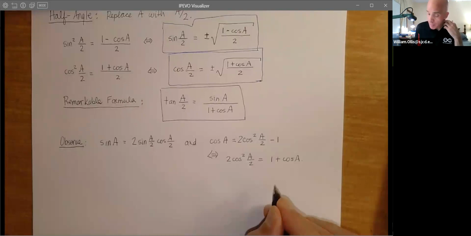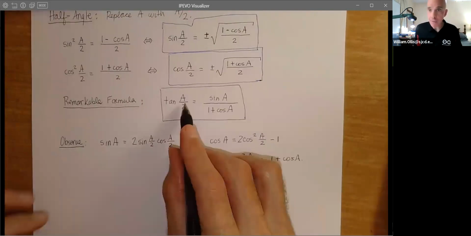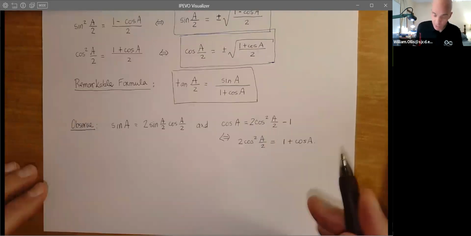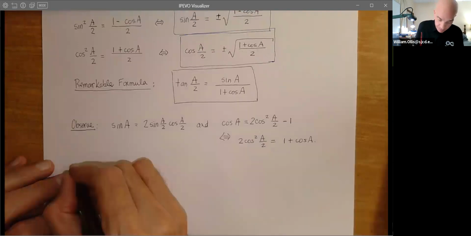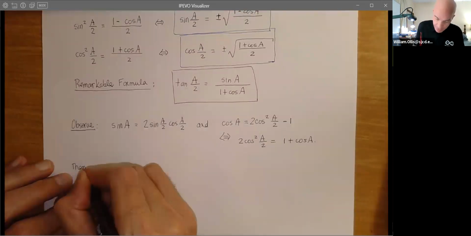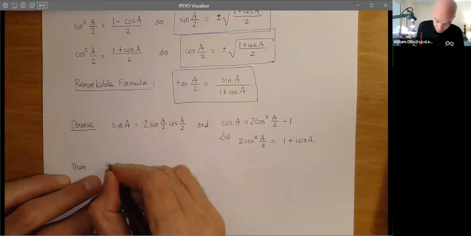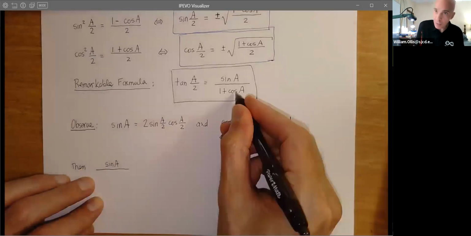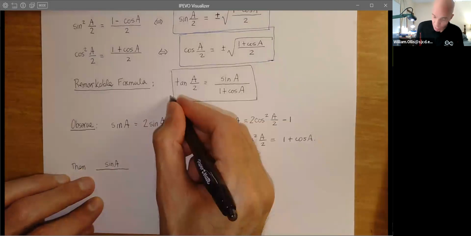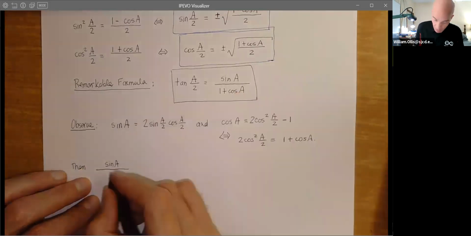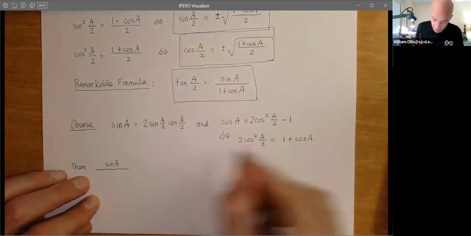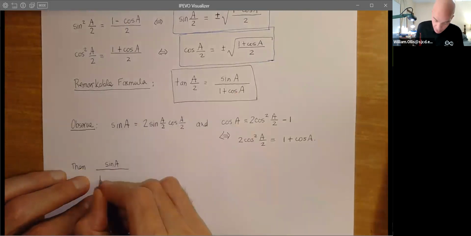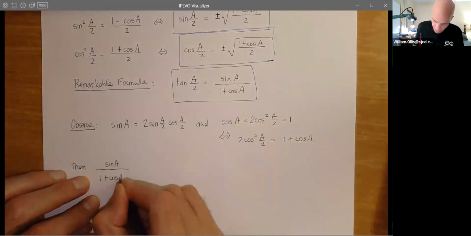So we have 2 cosine squared A over 2 equals 1 plus cosine A. So you're telling me that that's tangent of the half angle. Well, let's just compare. Let's just see. Sine A, this is like starting with this and proving it going in this direction. So we're proving an identity. So we have sine A divided by 1 plus cosine A. Well, let's write it down.